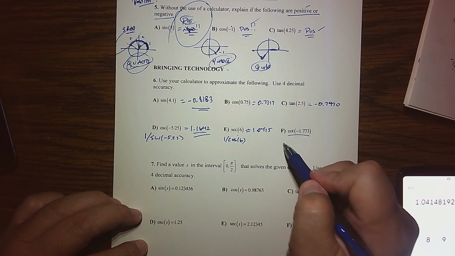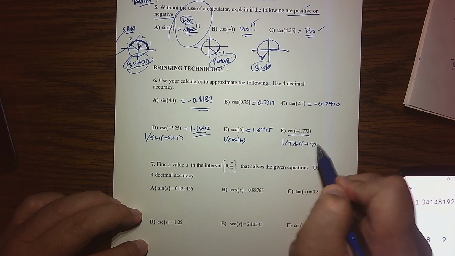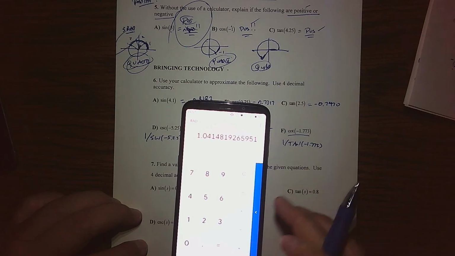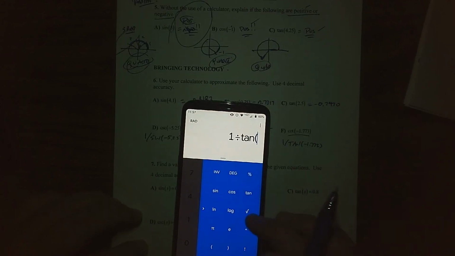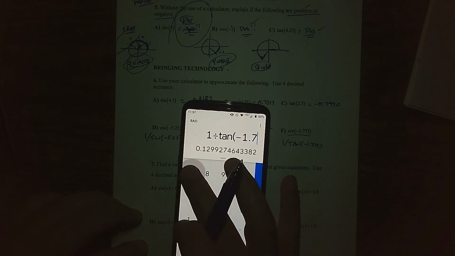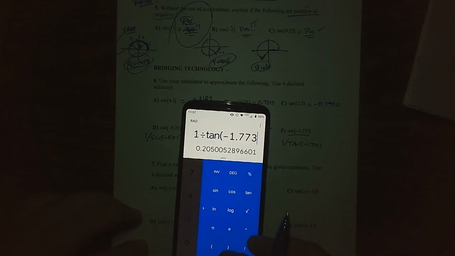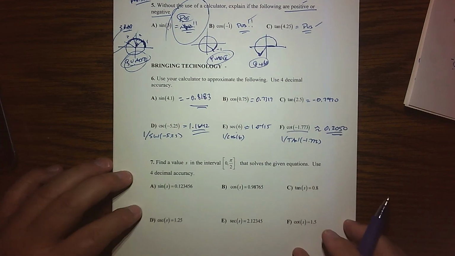Of course, cotangent, well, that's 1 over the tangent of negative 1.773. So I'll come to my calculator, type in 1 divided by the tangent of negative 1.773. Close those parentheses, hit equals, and that looks like it's roughly 0.2050.